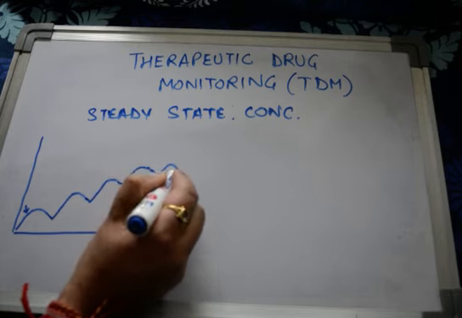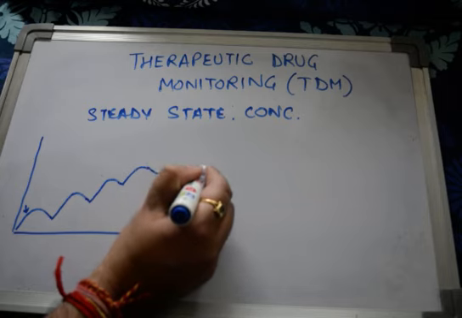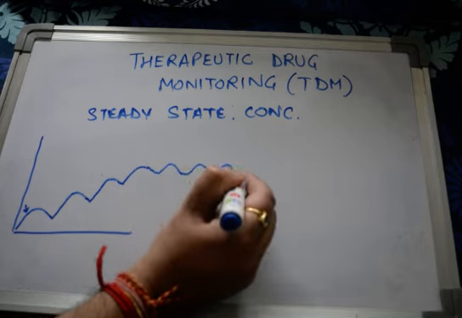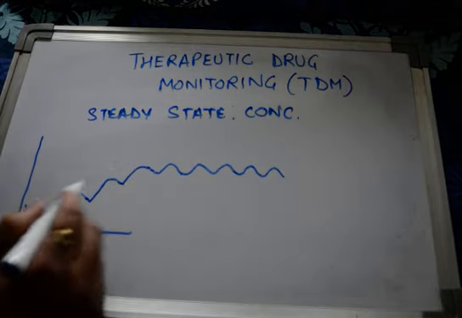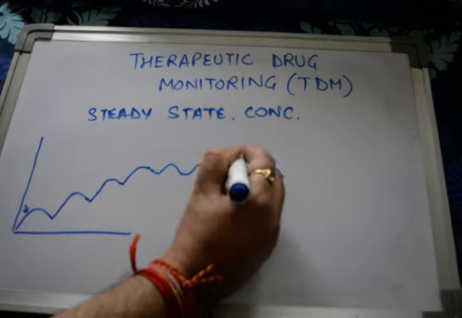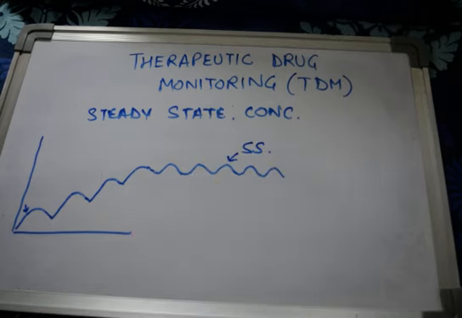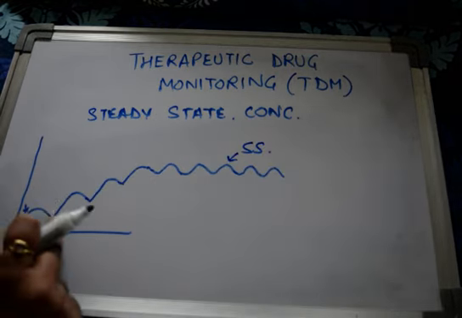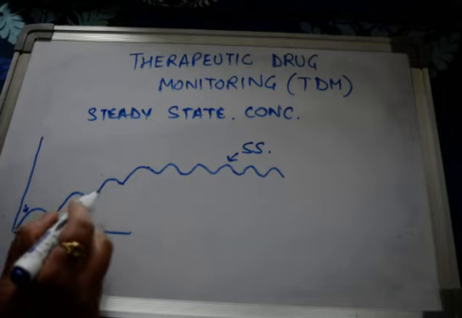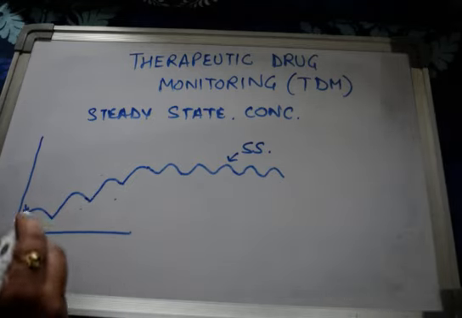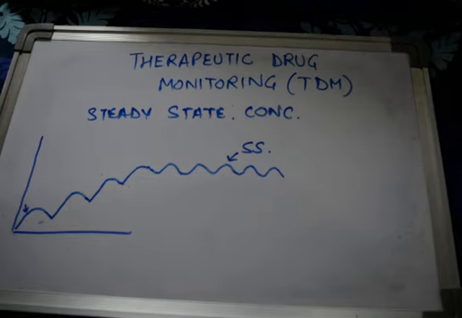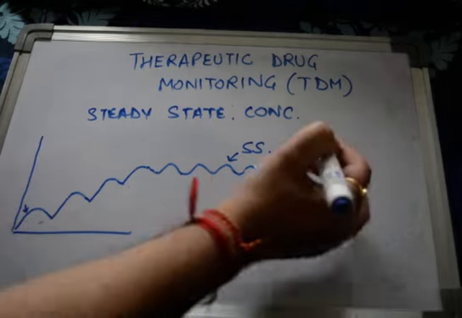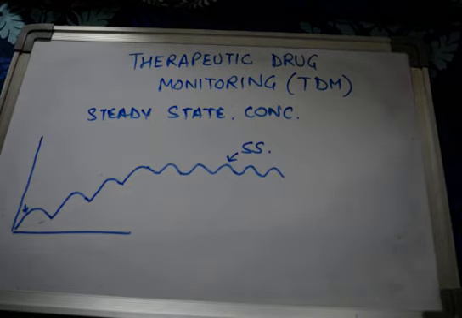So what we see after 4 or 5 half-lives is that this state is reached, which is what we call a steady state. And in the earlier doses, there are drugs which follow first order kinetics, and there the rate of elimination is directly proportional to the concentration of the drug.